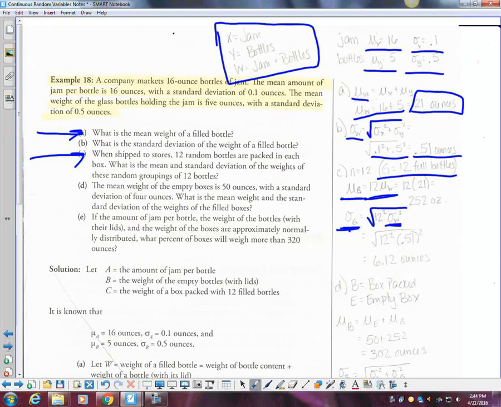And then I plug my numbers in and square them and multiply them and square root them. And I get the standard deviation to be 6.12 ounces. How's that sitting? Everybody okay? Okay.